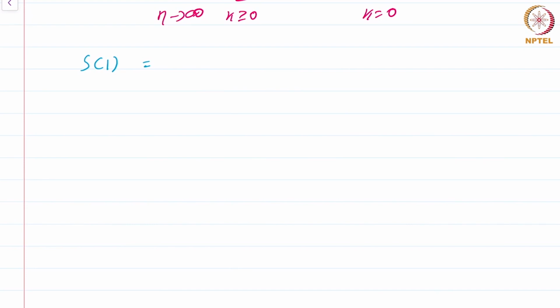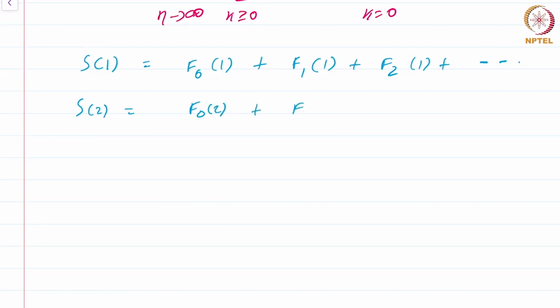S1 is nothing but f_0(1) plus f_1(1) plus f_2(1) plus dot dot dot. Similarly, S2 would be f_0(2) plus f_1(2) plus f_2(2) plus dot dot dot. And similarly you have S3, S4 and so on. You have these infinite sums.